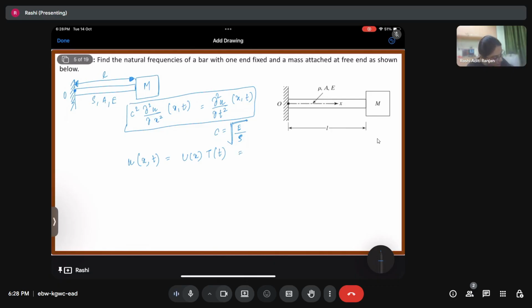So this we have as a cos of omega x by c plus b sine of omega x by c, into c cos of omega t plus d sine of omega t. Okay, this is going to be the expression.